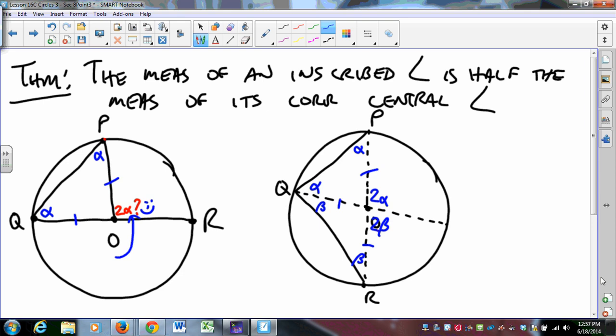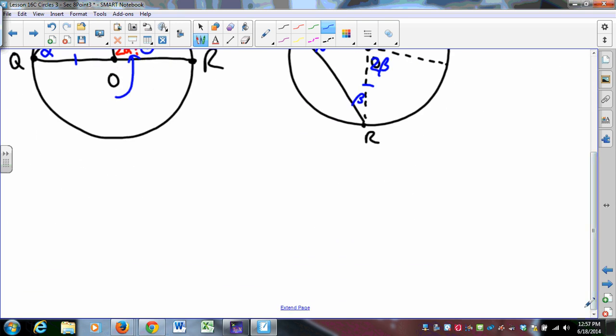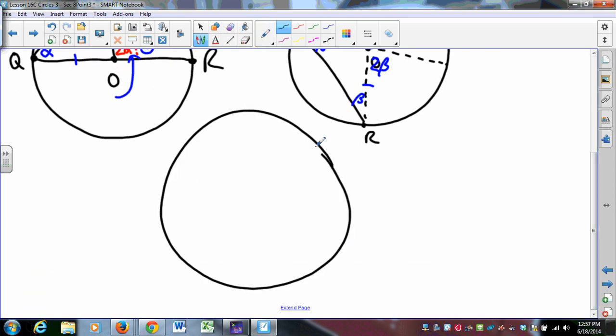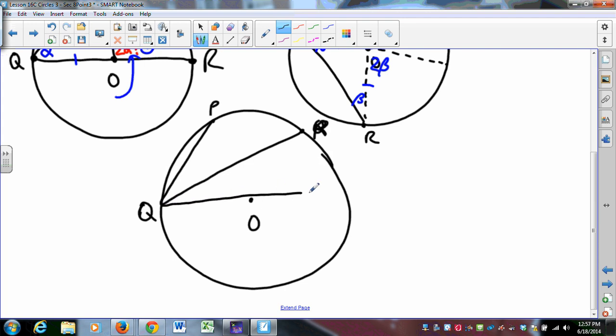And there's a third case to consider. That third case is where I have some inscribed angle PQR, and O is not in the interior of that angle. We can still draw the diameter.